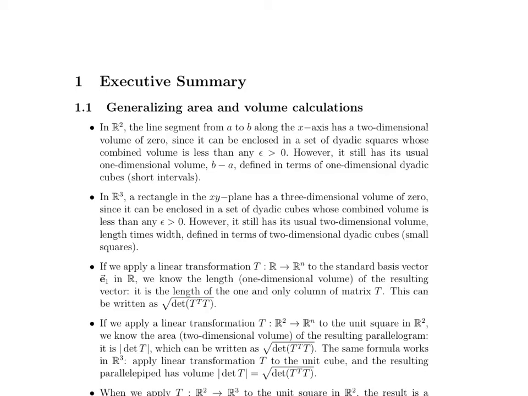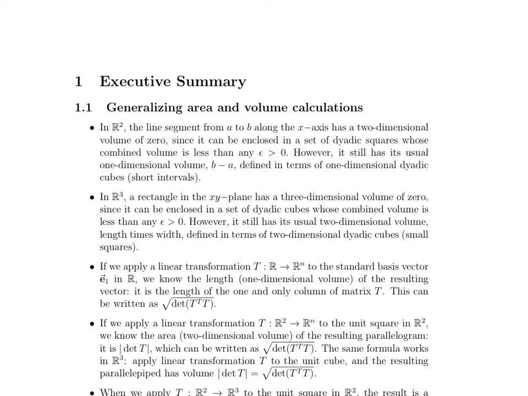It's defined in terms of 1-dimensional dyadic cubes, and 1-dimensional cubes are just tiny intervals. Similarly, when we move into R3, if we look at a rectangle in the xy plane, it has a 3-dimensional volume of 0, right? It's a flat object. If you wanted to find its volume, you'd be like length times width times height, but it has no height.